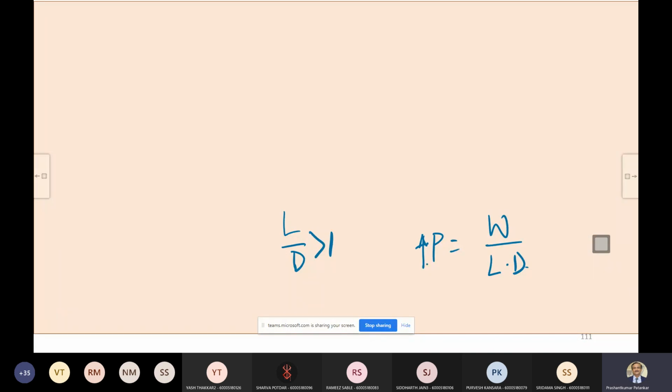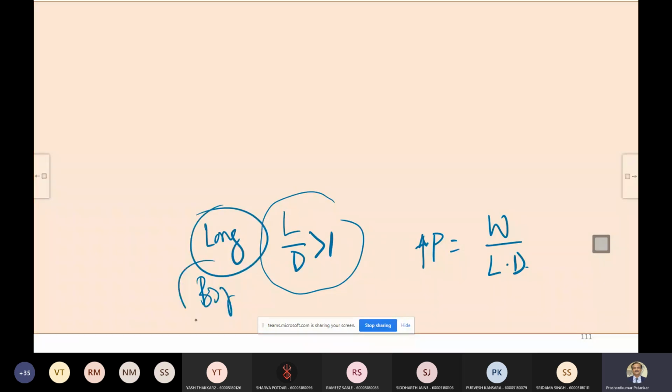For that reason, an L by D ratio greater than 1 is treated as a long bearing. Just now I gave you the classification: long bearing, short bearing, and square bearing.